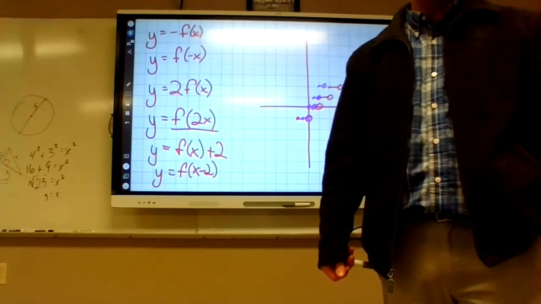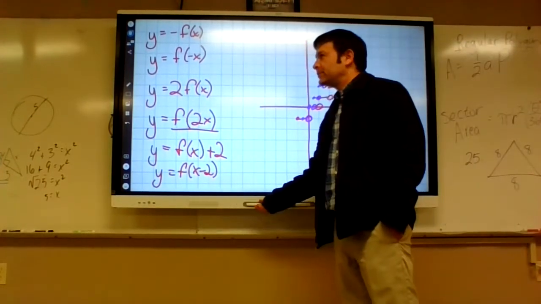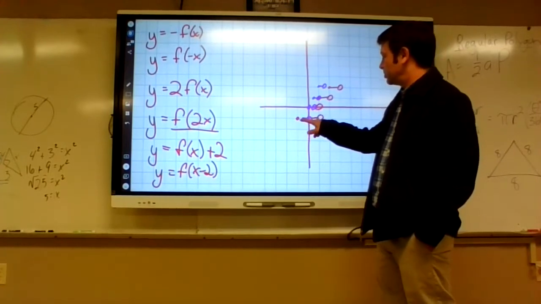What's the minus 1 going to do? Move it to the right. Right, moves it right one. So I can kind of cheat.